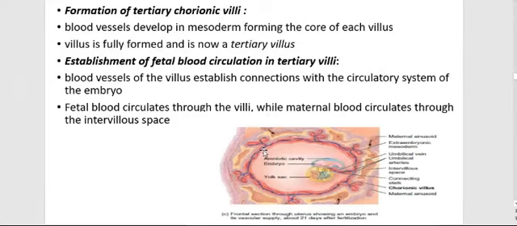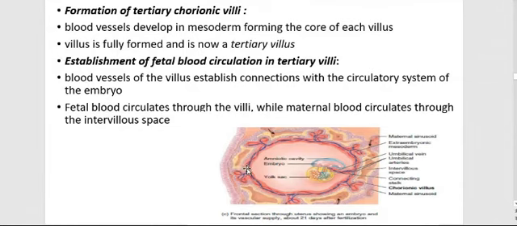When these blood vessels develop inside, it's called a tertiary chorionic villus. The blood vessels of the villus will then connect to the circulatory system of the embryo, and fetal blood will circulate in the villus, while maternal blood circulates in the intervillous space.